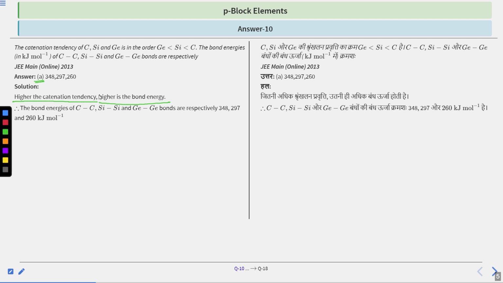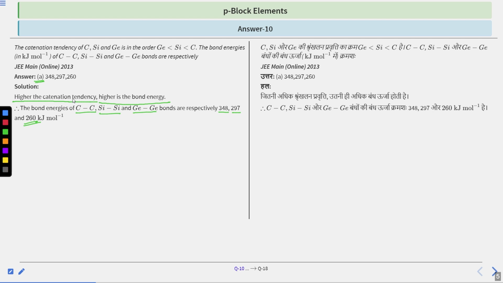So the bond energies of carbon, silicon, and germanium bonds will be respectively 348, 297, and 260 kilojoule per mole.